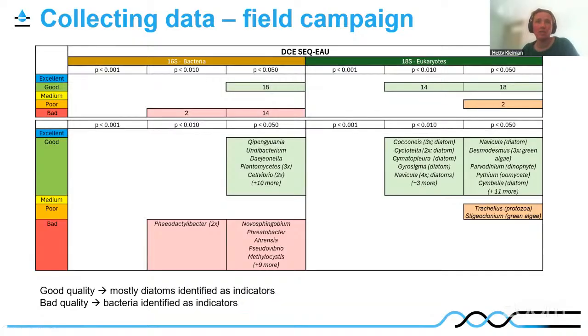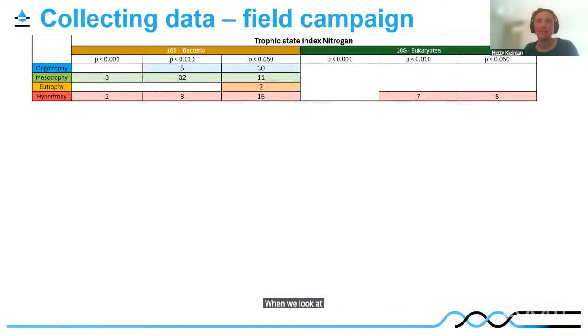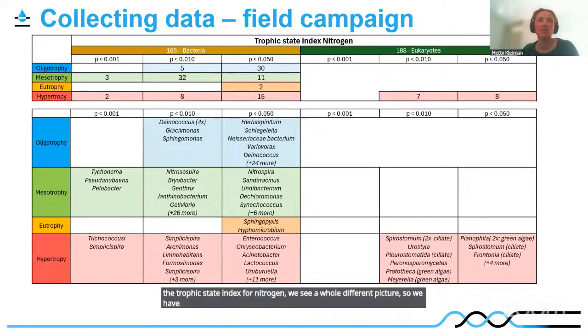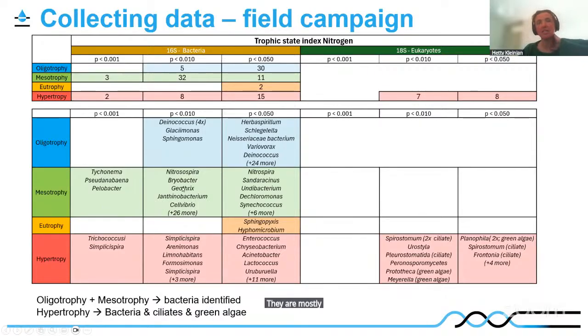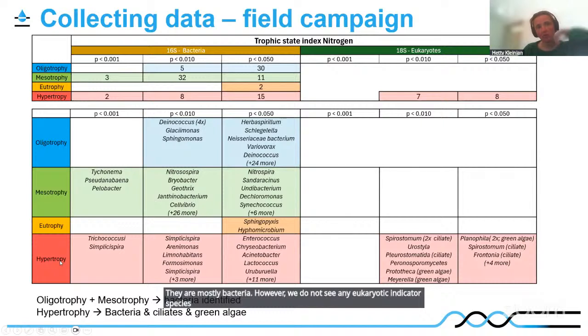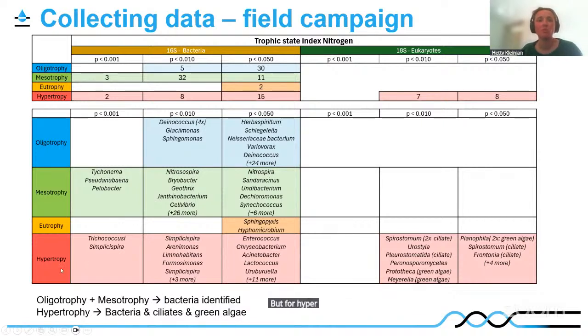When we look at the trophic state index for nitrogen, we see a whole different picture. We have some species identified for oligotrophic and mesotrophic environments. They are mostly bacteria. However, we do not see any eukaryotic indicator species. But for hypertrophic environments, we do see both bacteria and eukaryotes, including ciliates and green algae.